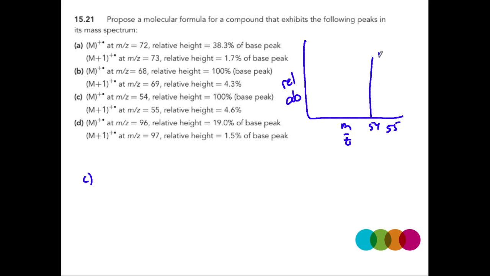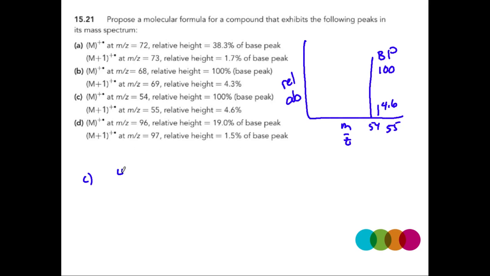So that's my base peak, and my M+1 peak is 4.6%. So this one's 100. This is 4.6. So this is 4.6% as tall as this one.